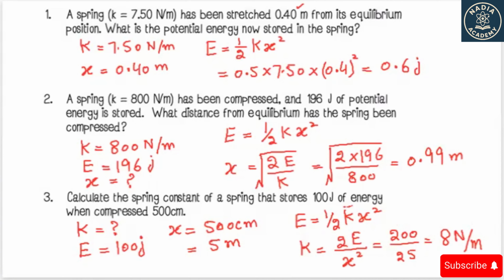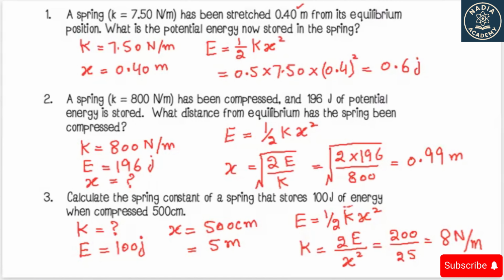So with these three very simple questions, you can understand how we can utilize the elastic potential energy concept to do different calculations. For example, to calculate the elastic potential energy, the spring constant, and the extension. If any one is missing, other than the given parameters, we can calculate the missing parameter using this knowledge.